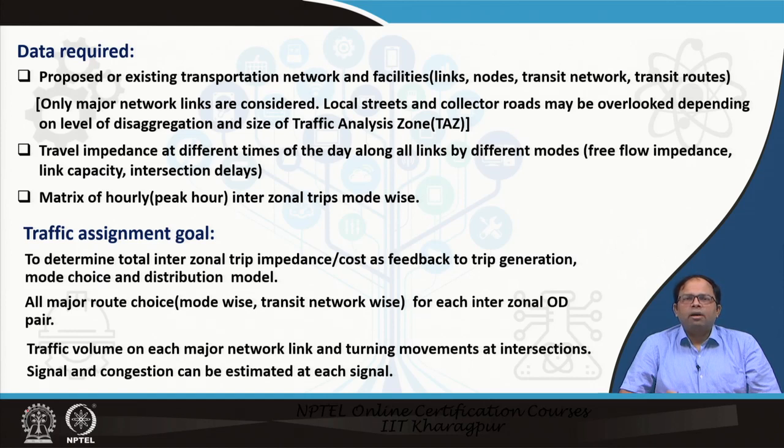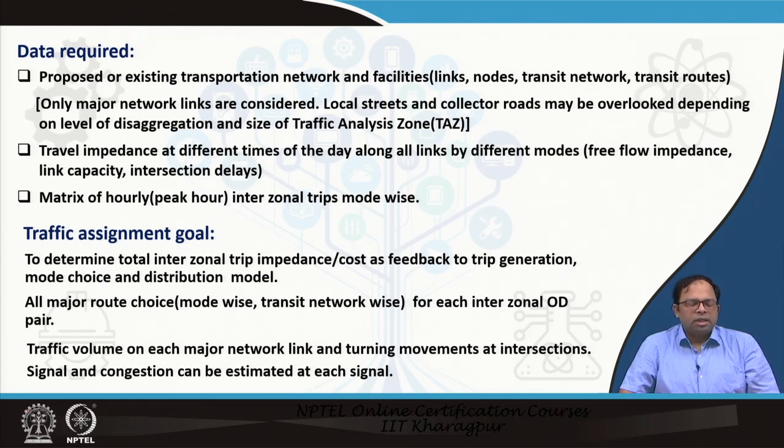Transit network wise, it will be as per the transit routes that are there in the city. But mode wise means when you are using a car, you may choose certain routes as alternatives. When you are using a motorbike, you may choose certain other routes. So mode wise, the routes that you choose will also vary.